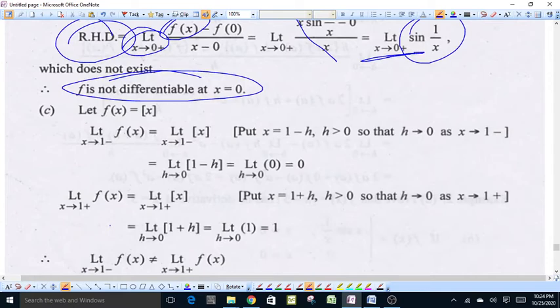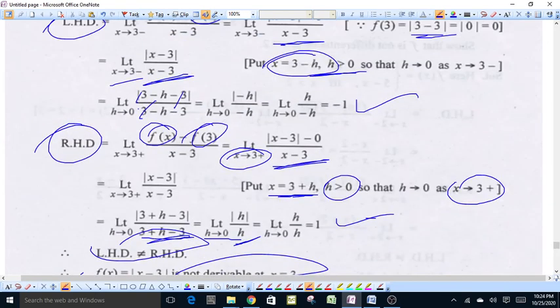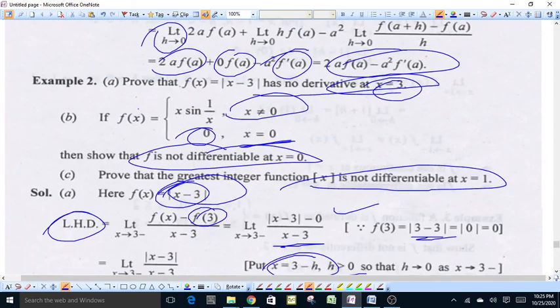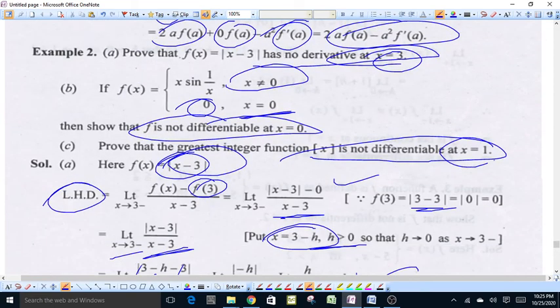Now for this function, the greatest integer function of x, we have to find the derivative of this function at x = 1.